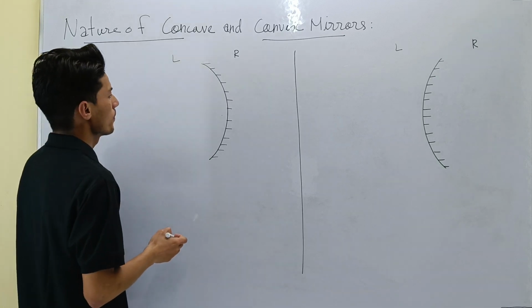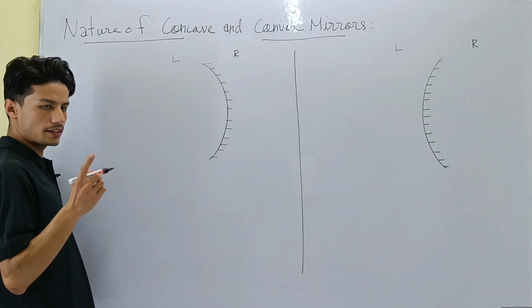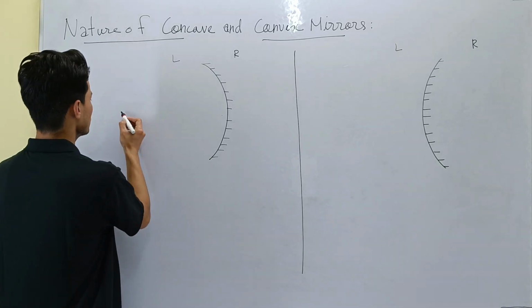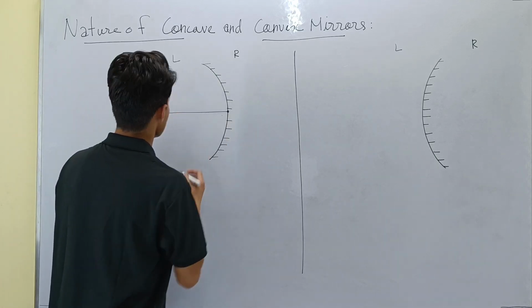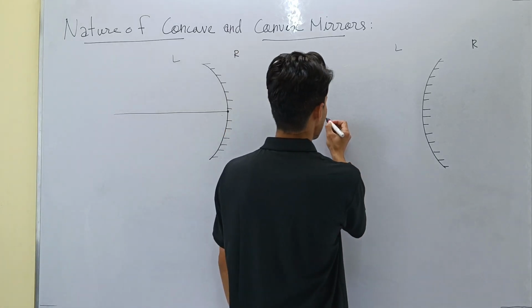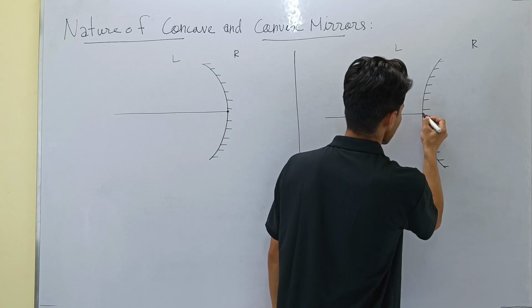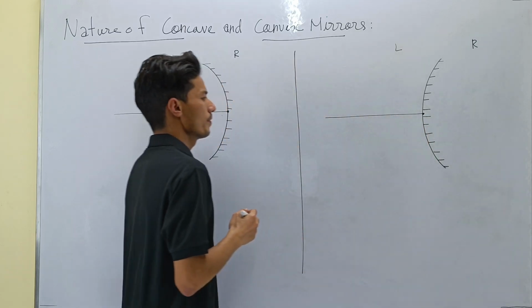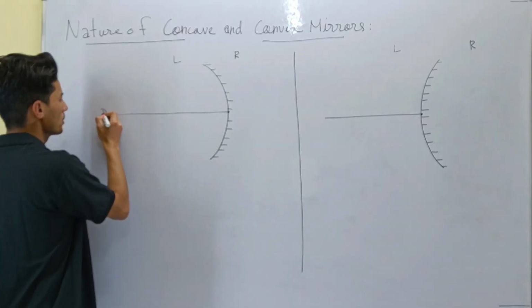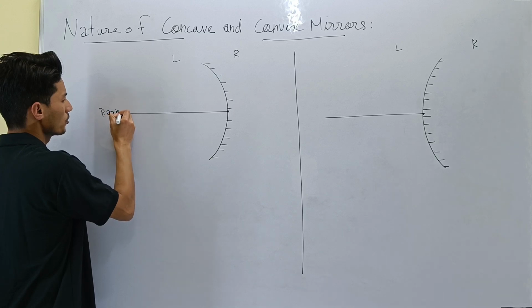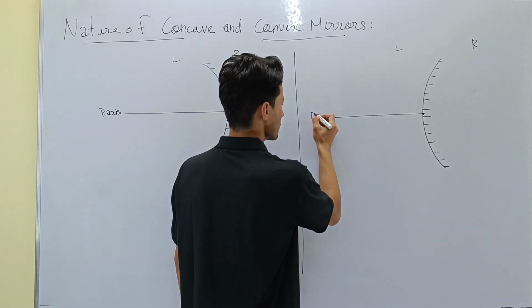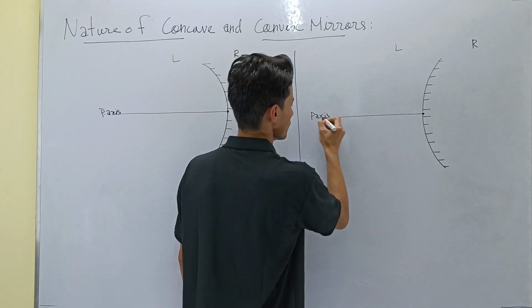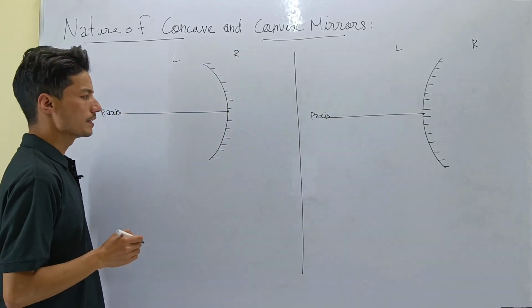Let us draw a line which is called the principal axis. Draw a line which is called the principal axis, okay class. Don't worry, we will be discussing this very soon. In today's class itself I will explain in detail.